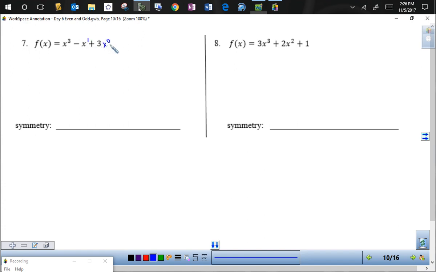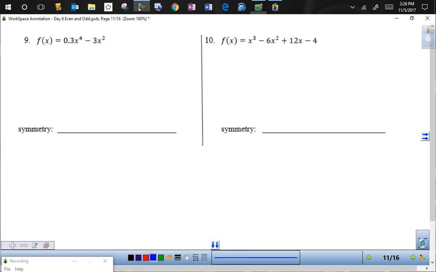It's a mixture between even and odd, so this should end up being neither. The next one we've got an odd, an even, and an even, so this should end up being neither as well. Those last two, see if you can decide what they're going to be without doing the math. 9 is all even, so even. And 10, we've got a mixture here, so that one should be a neither.